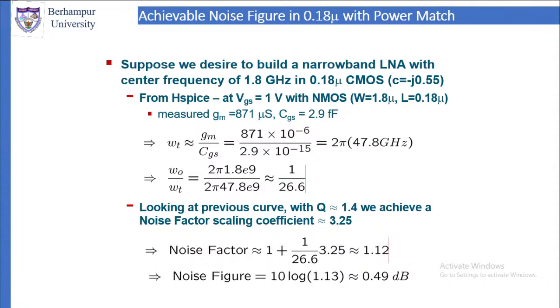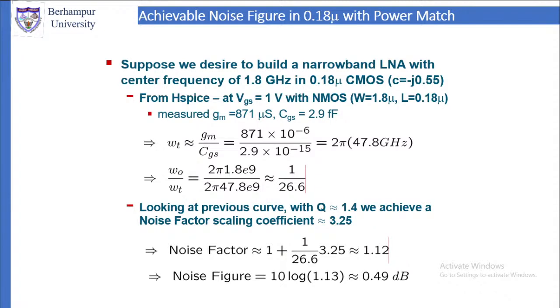So at 1.8 gigahertz, C is equal to minus J0.55, W is equal to 1.8 micron, L is equal to 0.18 micron, VGS is equal to 1 volt. Use this in a SPICE simulator. It is available free on the web; go to Google and you can get SPICE. Get any SPICE simulator and use it for the device.